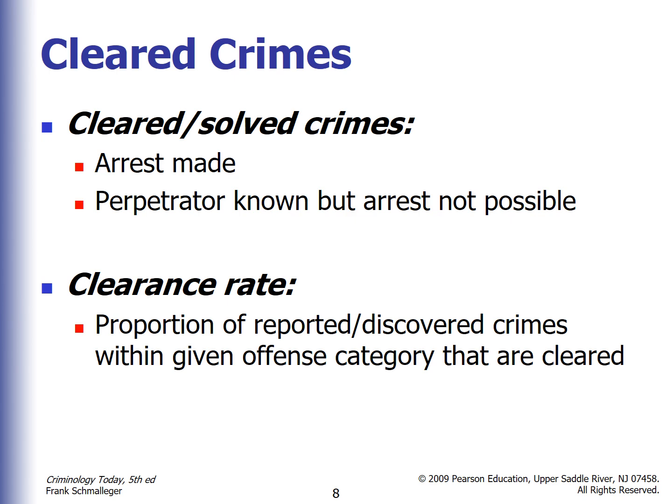So that's the number for the clearance. So you have different ratios, proportion of. So if it was 5 that were cleared and 10 that occurred, then you'd have a 50% clearance rate. Okay, does that make sense to everybody? I hope it does. If it doesn't, write down the question.